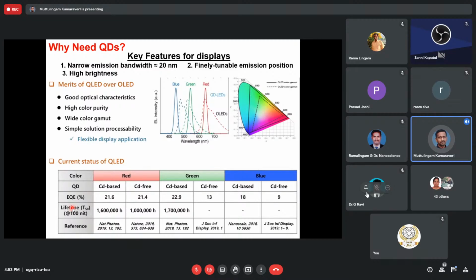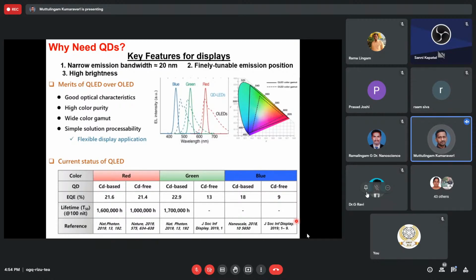For external quantum efficiency, the cadmium-based one is, I think, more than 25 achieved worldwide at the moment, but the cadmium-free one is around 20 to 21 for the red one. For the green one, cadmium-based achieved more than 25, but cadmium-free is still under 15. For the blue one, cadmium-based is 18, and for cadmium-free we have a problem: less than 10% external quantum efficiency is achieved.